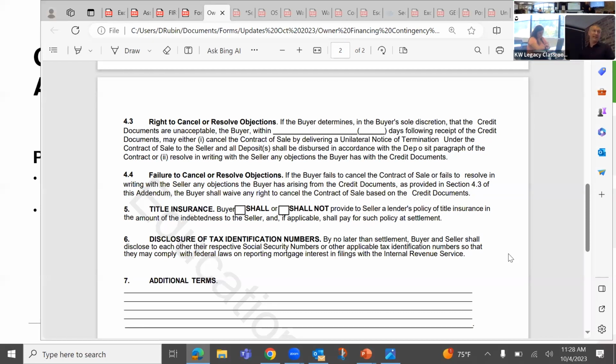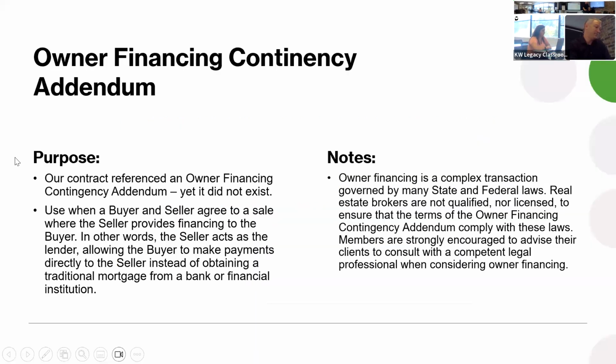If he listens to a podcast and says, I want to do owner financing, you can say, let's walk through this and figure out what would be reasonable terms. But you need two to tango. The seller needs to be okay with not only selling their house, but operating as bank. So it's a fairly limited universe where this is going to apply, but it's a helpful tool to have.